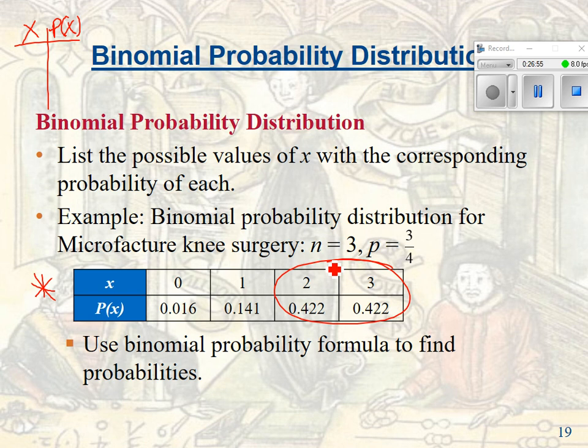If we want the probability that the doctor has no failures, what would we do? There's a couple different ways we could do it. So probability, no failures.